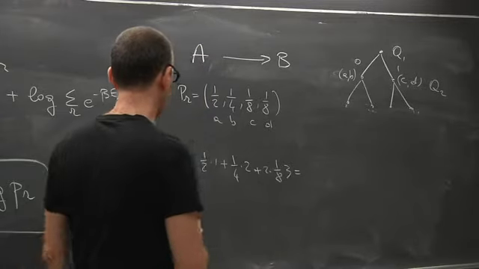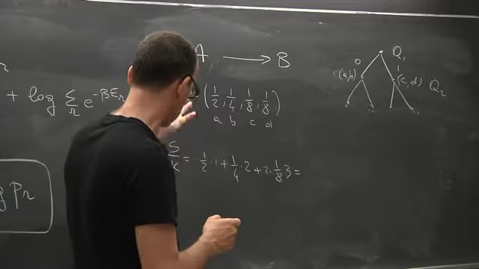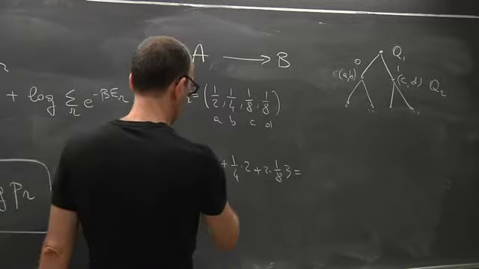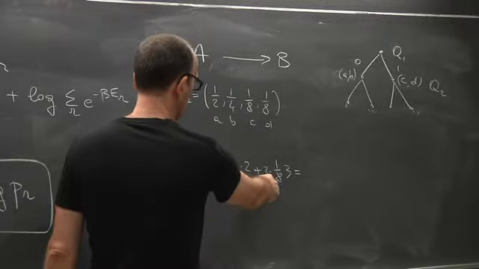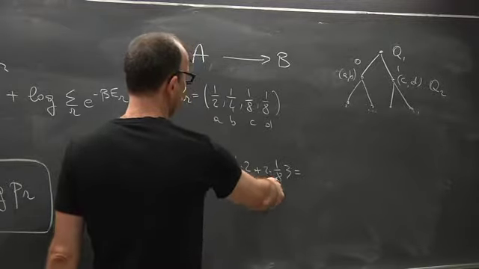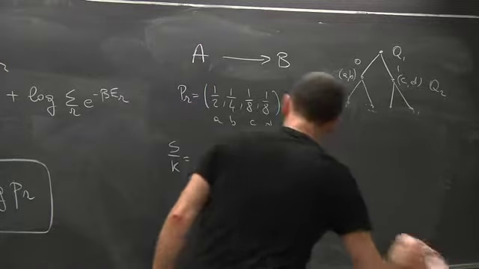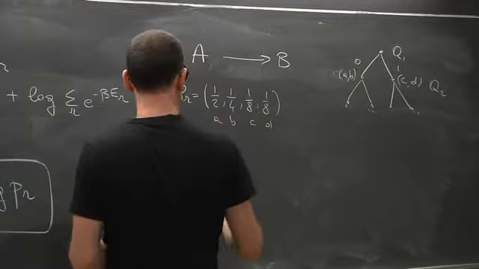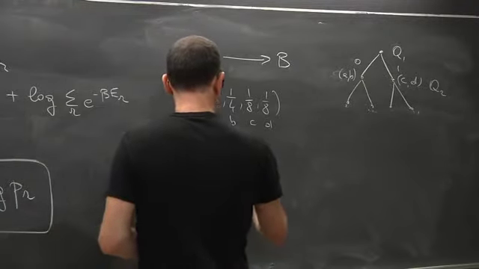So the entropy of this distribution in base 2 would be 1 plus 3/4, which is 7 over 4. So 7 over 4 is less than 2.